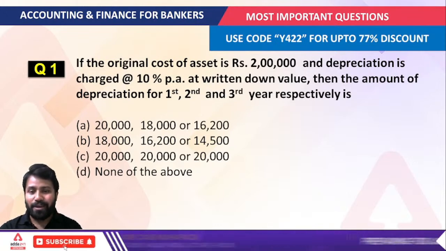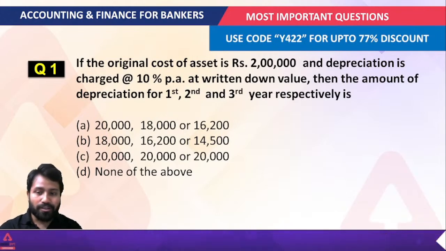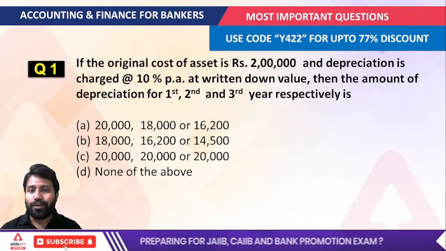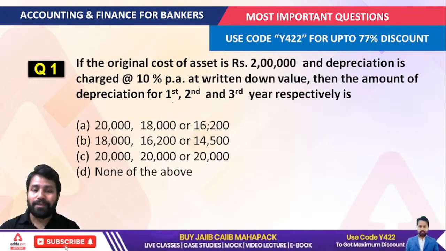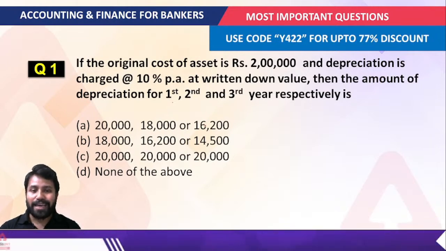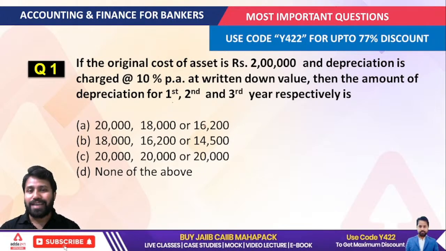So just tell me how to solve this kind of question. The question is: if the original cost of the asset is 2 lakh rupees and the depreciation is charged at 10% per annum at the written down value, then what is the amount of depreciation for the first, second and third year respectively? So, when we talk about the written down value method, what do we understand by that?